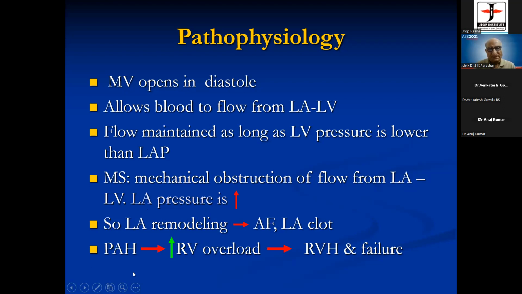And pulmonary hypertension always leads to increased RV overload because RV has to push the blood against an increased pressure in the pulmonary artery and can lead to RVH or failure.